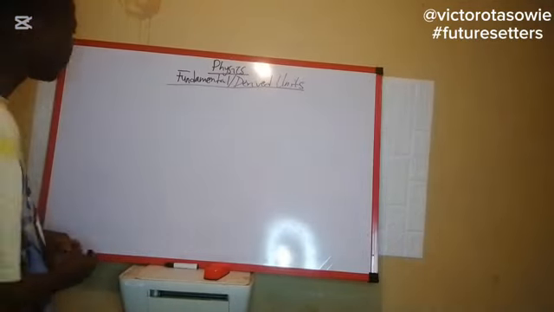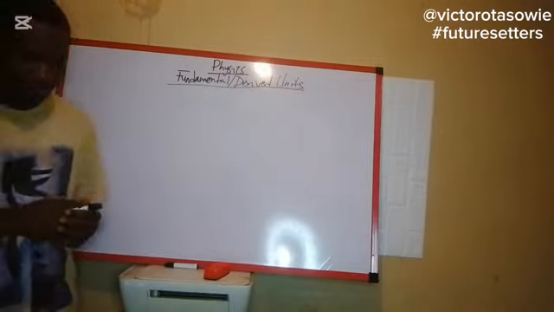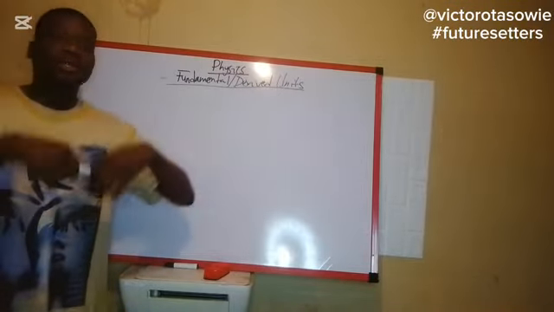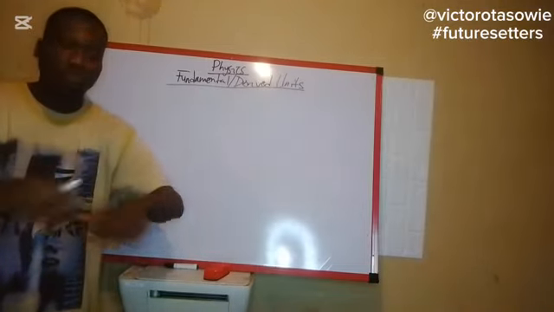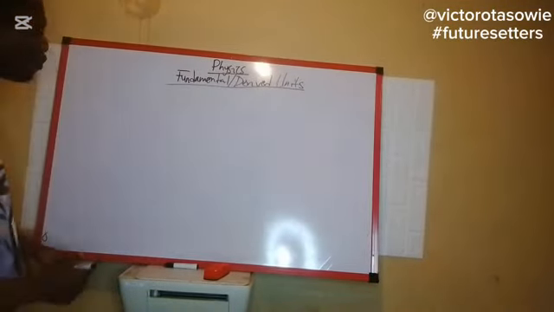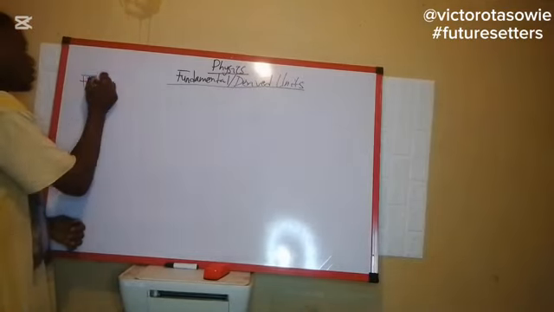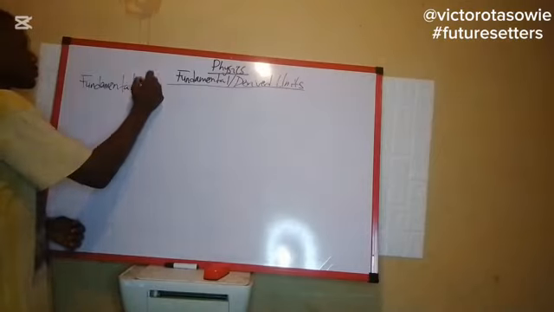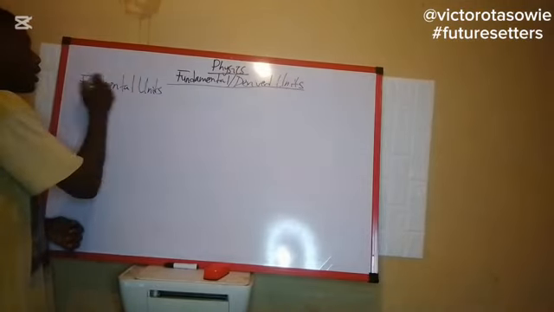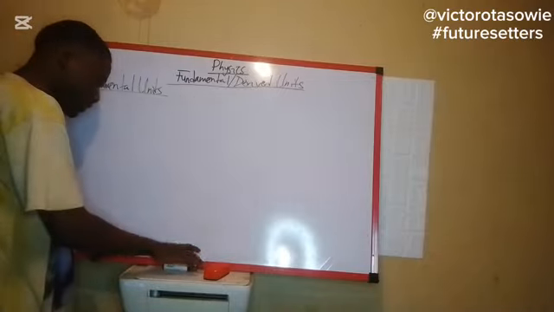So now we're going to start. Fundamental units. They are the main units. They are the standard by which every physical unit is used. So we are going to focus on 3 fundamental units. What are these 3 things?